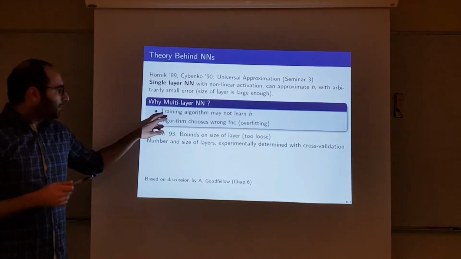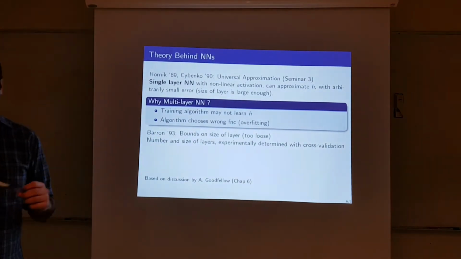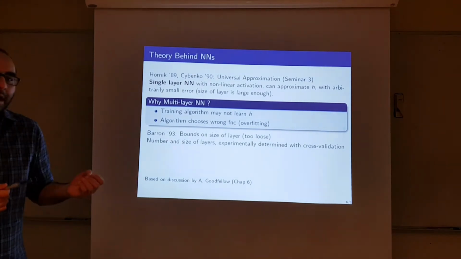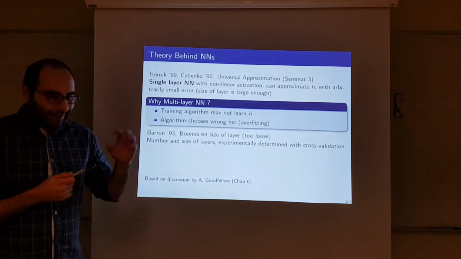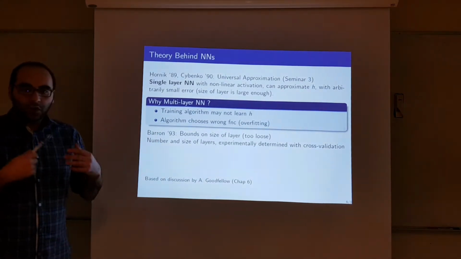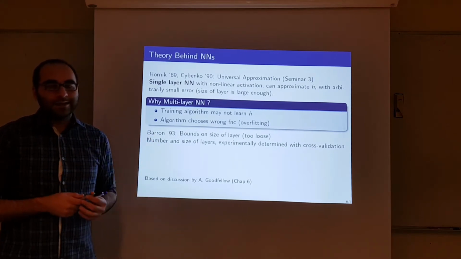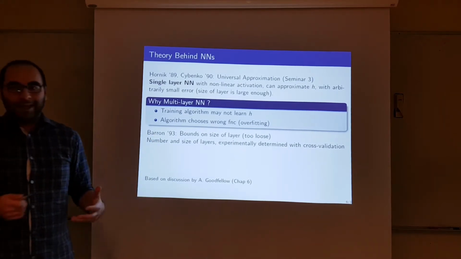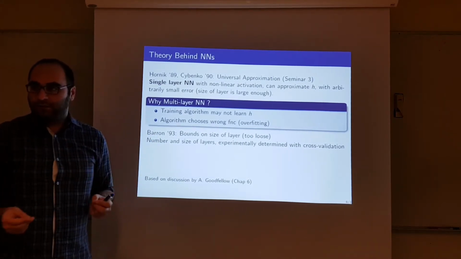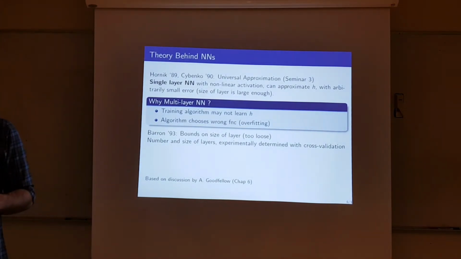When training, the desired function that you want to learn may not be learnable with your training algorithm. That's the first reason. The second reason is that you could choose the wrong function because of overfitting. This is why people still go for multi-layer networks, although from a theoretical point of view one layer should be more than enough.